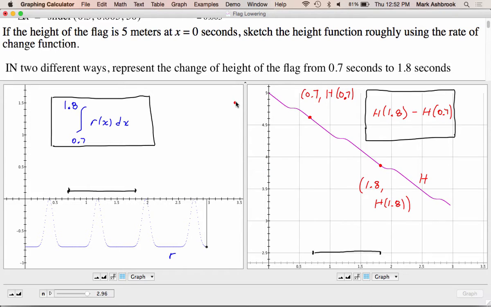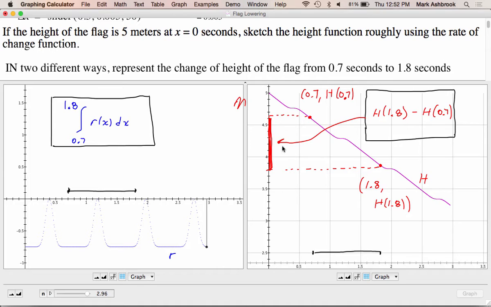Right. This is our height in meters. So the change in height is this vertical change between these two points. That's easiest to see over here on the axis, right? If we take these points like this, this bar right here would represent that amount of change.